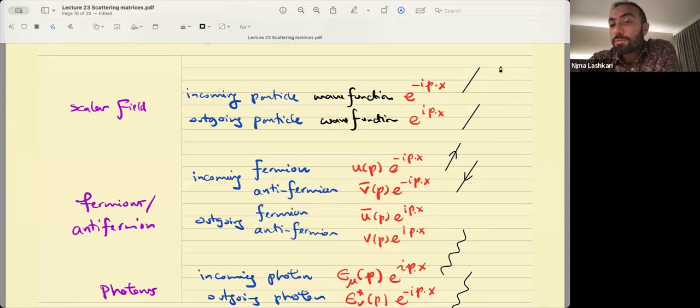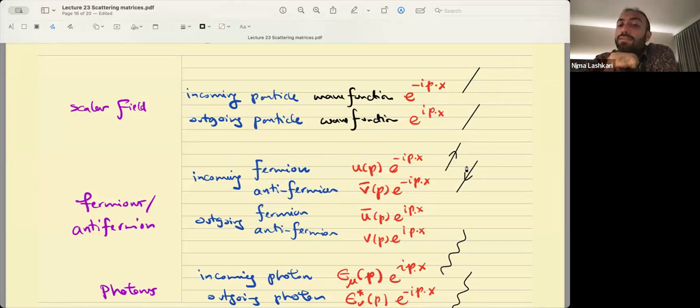Then the incoming phi dagger would be the same thing, but with the opposite arrow. So hopefully it's clear: the incoming fermion is like this.